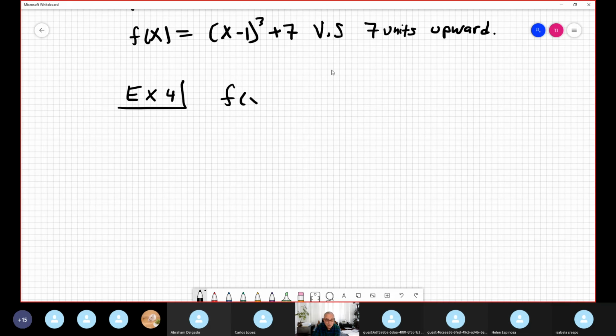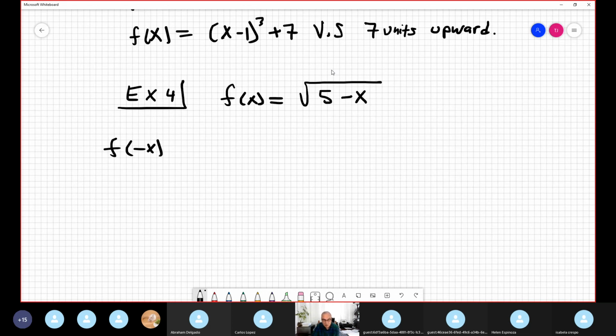Suppose f of x is equal to the square root of 5 minus x. So it's very confusing. This is a typical example in which you don't see the transformation clearly, because you think, wait a second, I saw negative x, so I believe that we have a reflection, no?